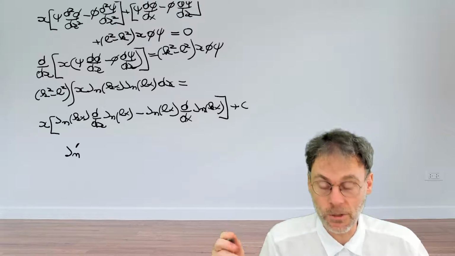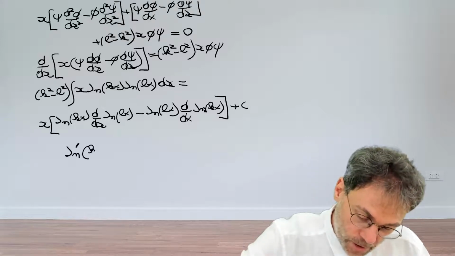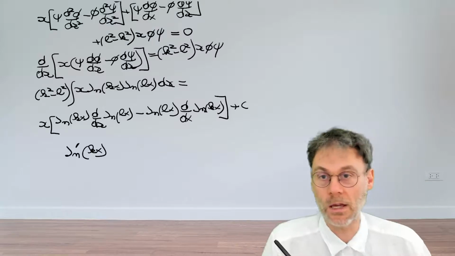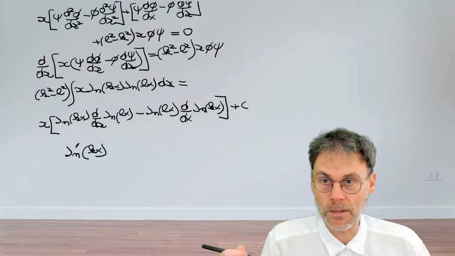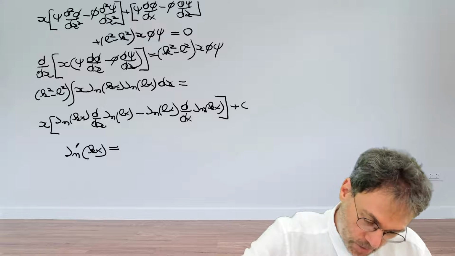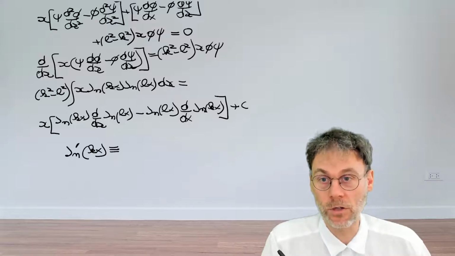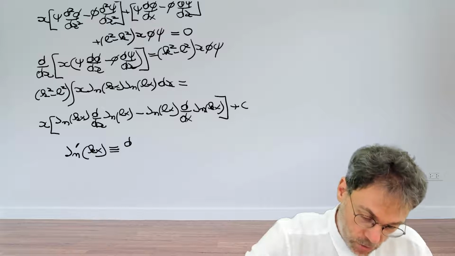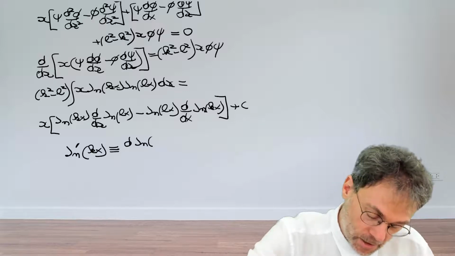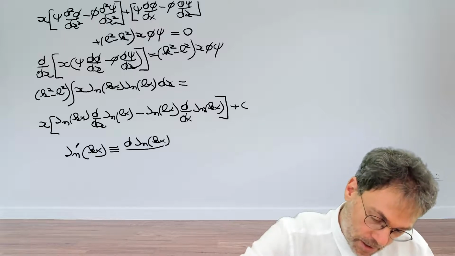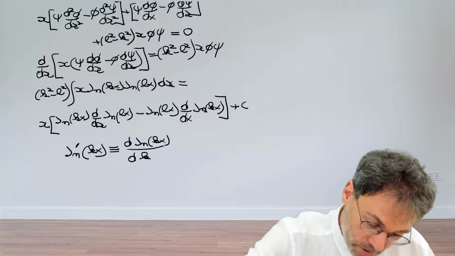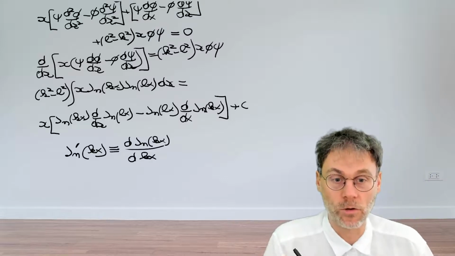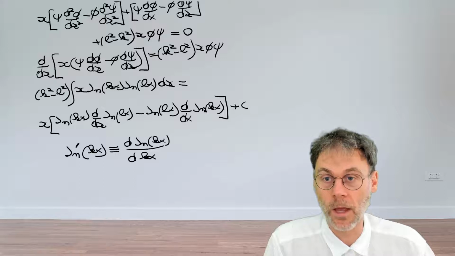But there it's a little bit tricky, because if you write down something like J_n prime of kx, what do we mean by that? Well, by definition, prime denotes derivation with respect to the total argument. So here, this is a shortcut for dJ_n(kx)/d(kx). So we derive with respect to kx, not with respect to x.